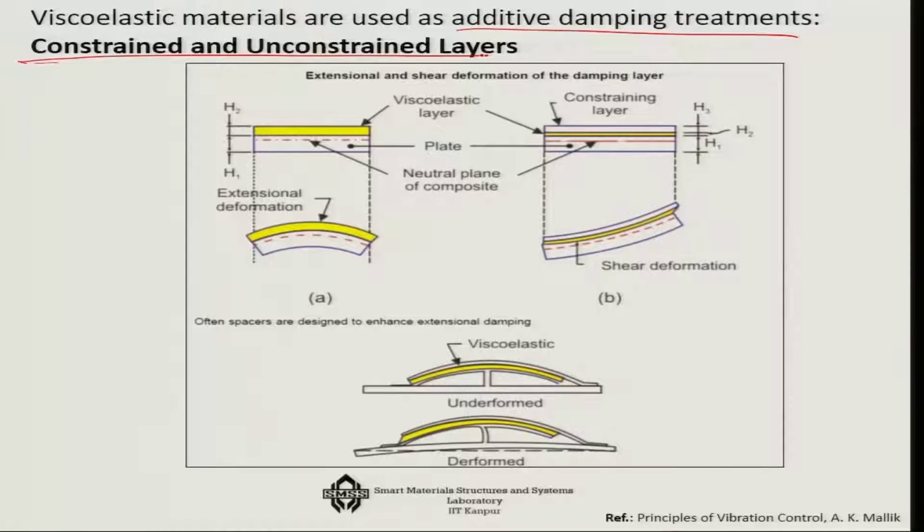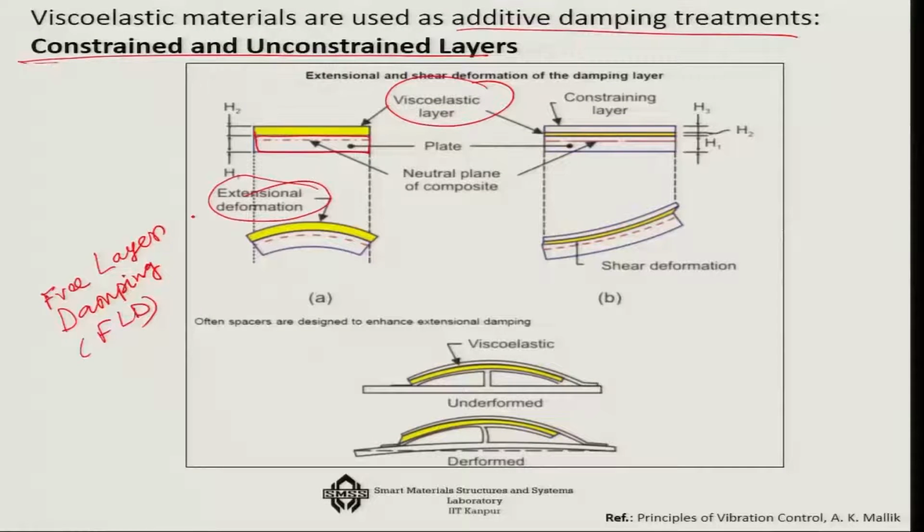You can have a viscoelastic layer just above a plate as a free layer; we call it free layer damping, or FLD. Here the loss takes place mostly because of the extensional deformation in the viscoelastic material, where the energy loss takes place.